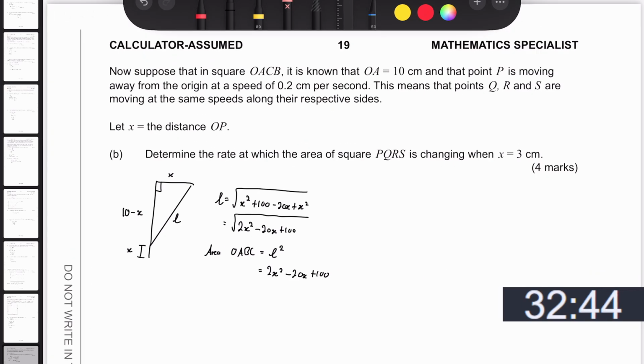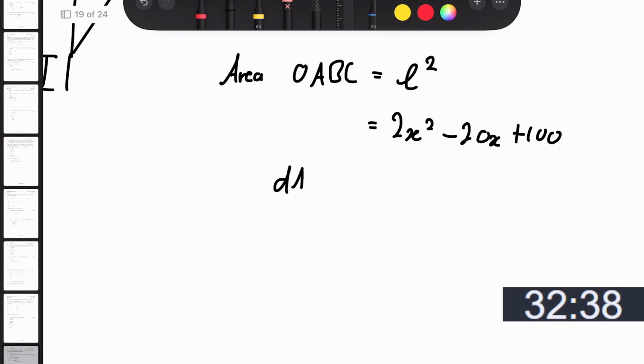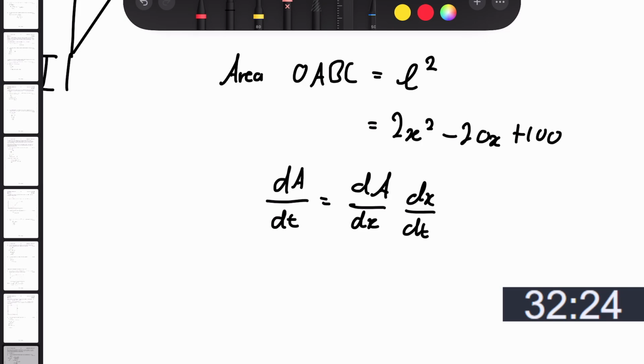Determine the rate at which the area PQRS is changing when x is equal to 3 centimeters. So dA/dt is going to equal dA/dx times dx/dt. Then dA/dx is equal to 4x minus 20.